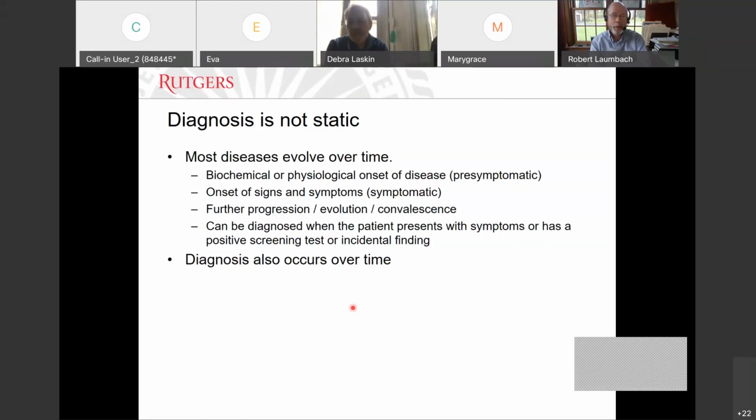So it's important to consider that diagnosis can change over time due to the evolution of an illness or disease, and that we have to be aware of that as well.